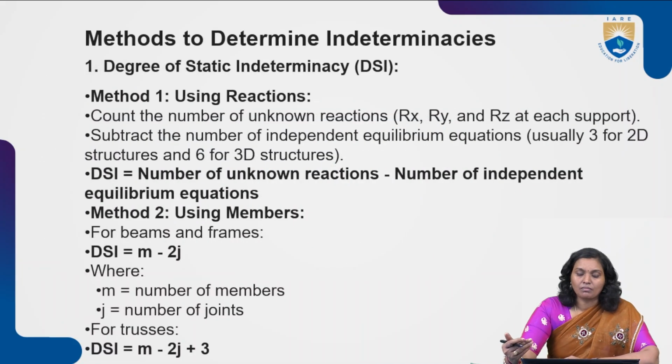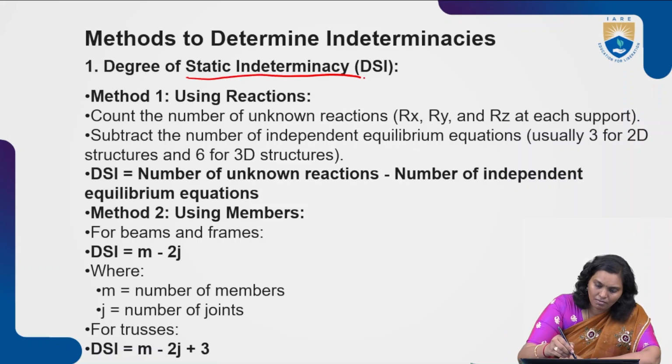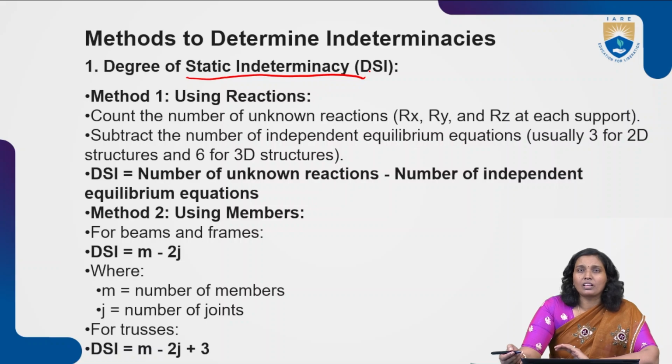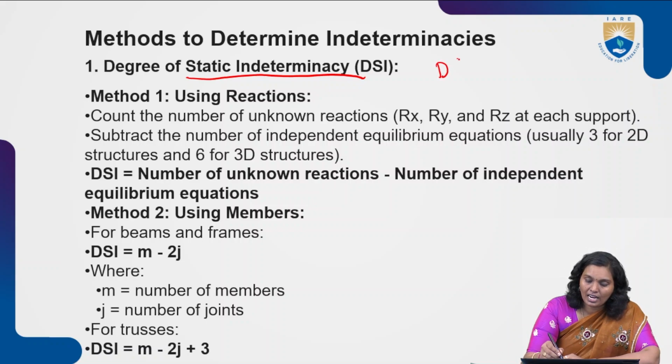For determining the indeterminacies, we have different methods. For finding the degree of static indeterminacy, using reactions is one of the methods. First we understand how many reactions are there.